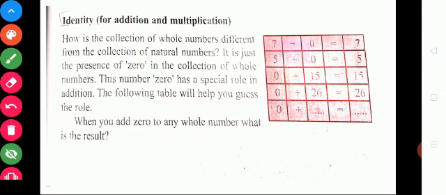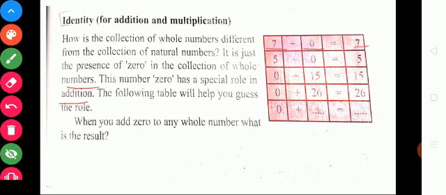This is a collection of whole numbers different from the collection of natural numbers. It is just the presence of 0 in the collection of whole numbers. This number 0 has a special role in addition. Look at the table. When you add 0 to any whole number, what is the result children? 7 plus 0 is equal to 7.